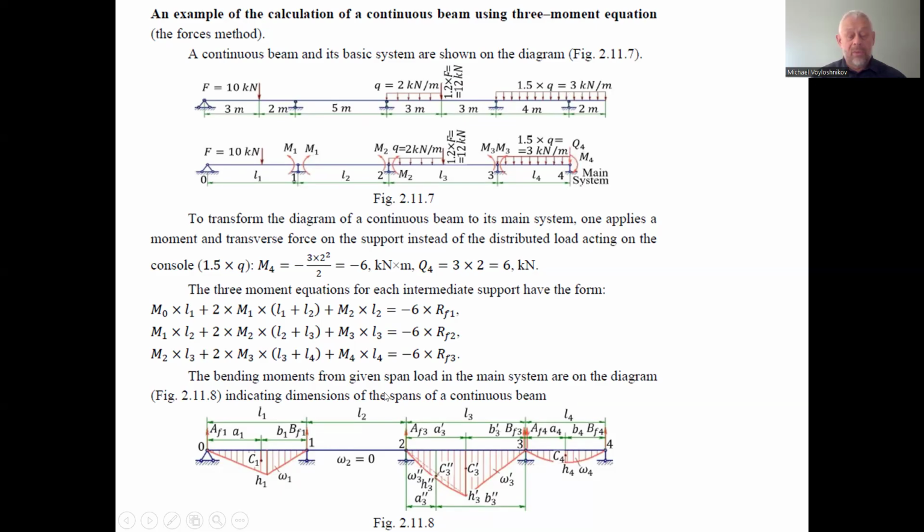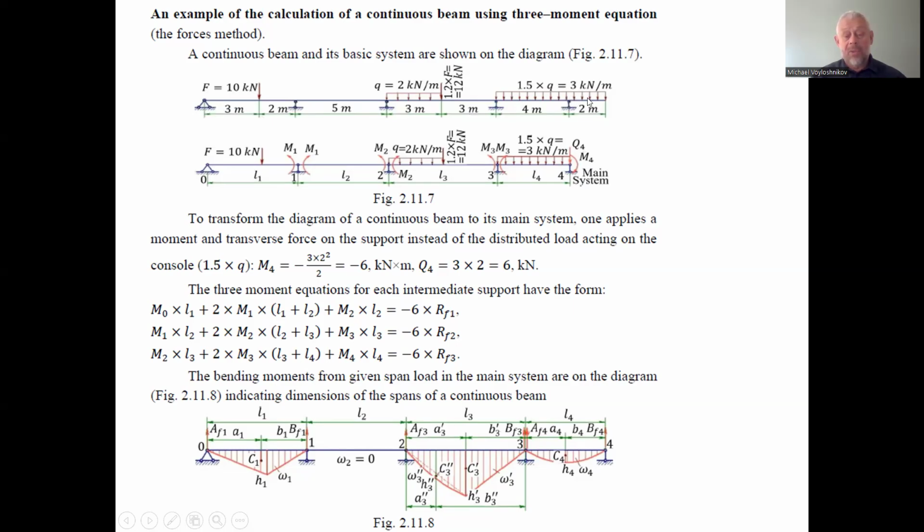M4 is not difficult to find. M4 is equal to minus the product 3 by 2 squared divided by 2, which is equal to minus 6. And we can find the shearing force acting here on the fifth link.